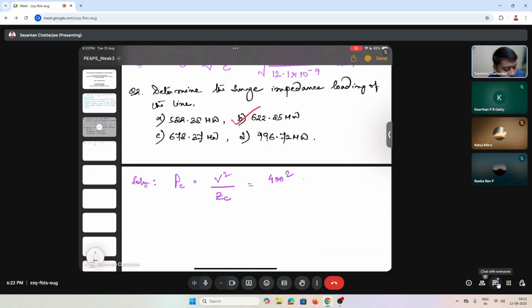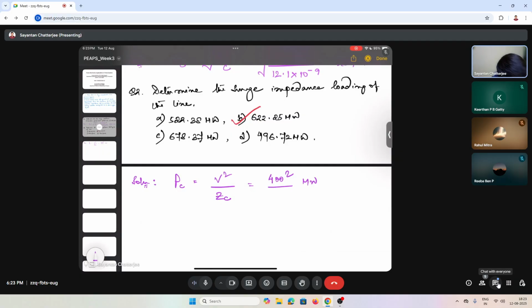One thing we can directly do, what sir has also detailed during the numerical example that he has given, is that since the surge impedance loading is generally given in megawatts, if we take kV squared, a direct megawatt value we can obtain from this SIL value, right?